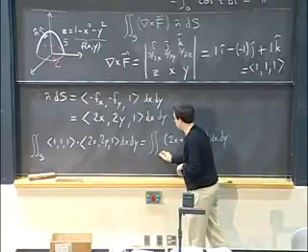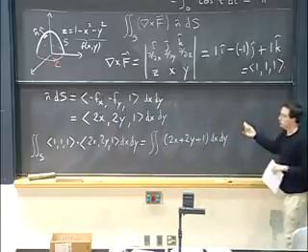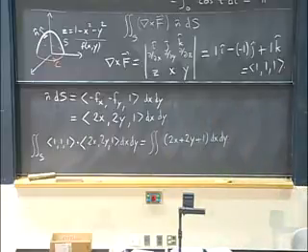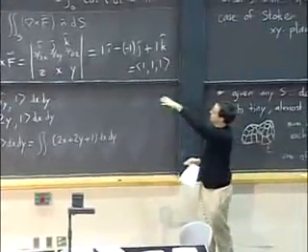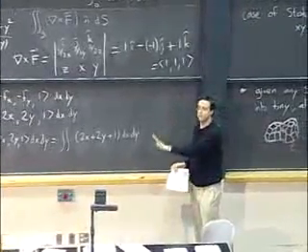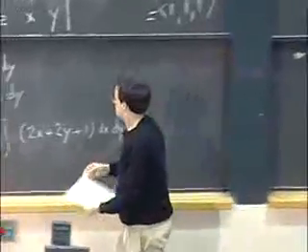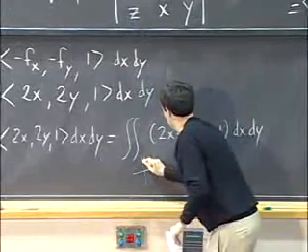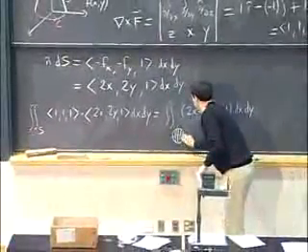And of course, the region over which we're integrating, the range of values for x and y, will be the shadow of our surface. So that's just going to be, if you look at this paraboloid from above, all you'll see is the unit disk. So it will be a double integral over the unit disk.